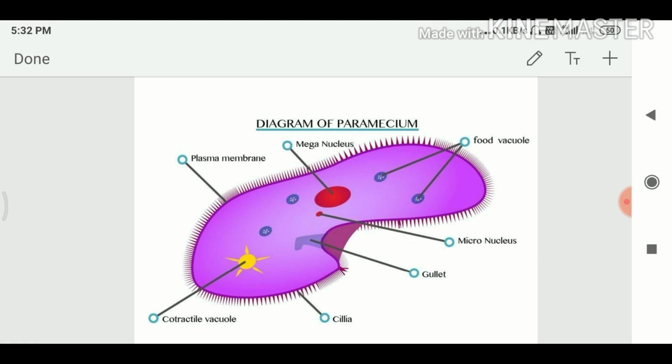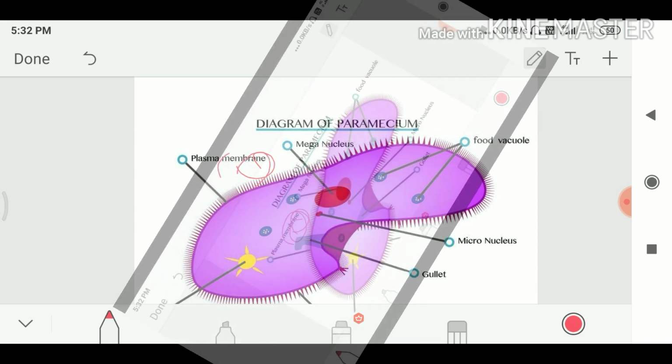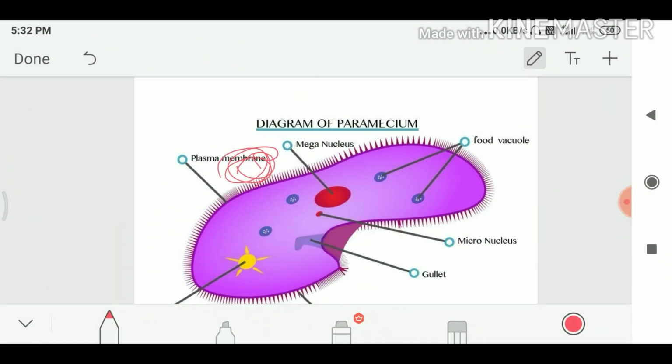Right? I will explain it to you. Look, here is the food particle, right? And these hair-like projections are called the cilia, which help in the locomotion of paramecium.